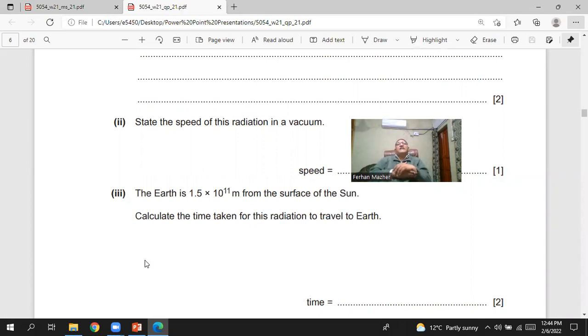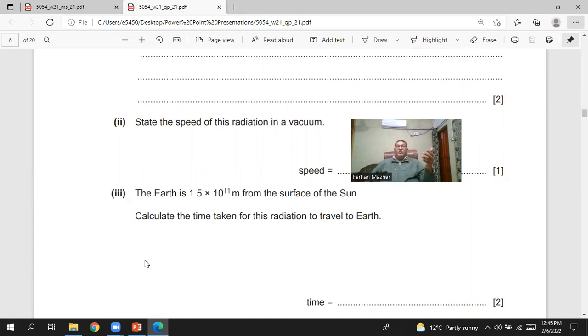The third part is, the Earth is 1.5 × 10^11 meters from the surface of the sun. Calculate the time taken for this radiation to travel to Earth. So the distance is given, 1.5 × 10^11 meters. We know the speed of that radiation, and the speed is 3 × 10^8 meters per second. And we want to calculate how much time that radiation will take to travel to Earth.